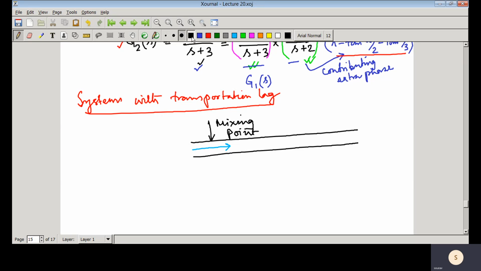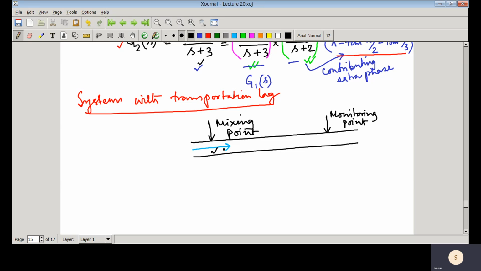You are monitoring the color at this particular point, so this is the monitoring point. Now it is clear that water is flowing through this pipe.